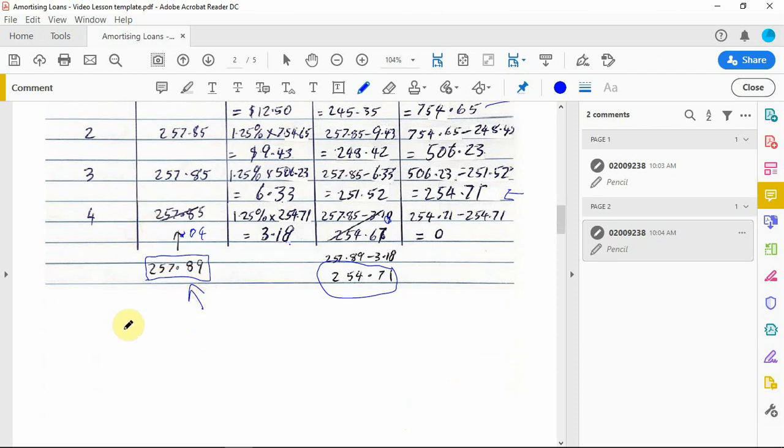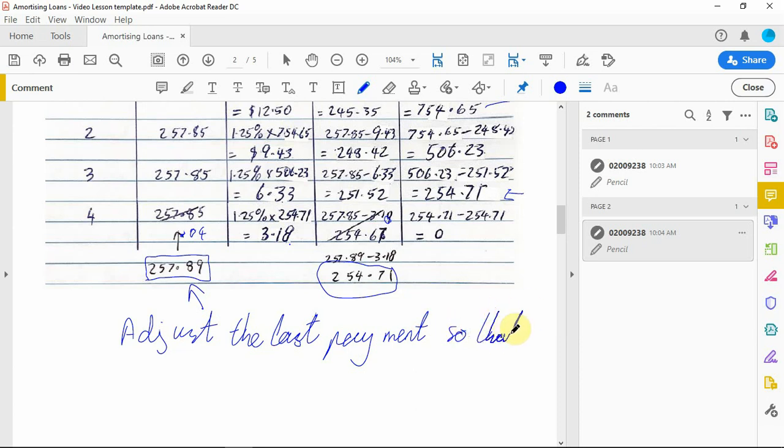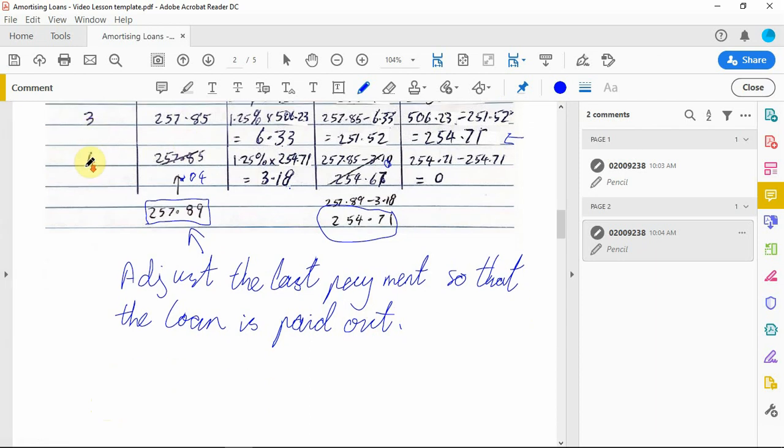So just a little note here. We adjust the last payment so that the loan is paid out. All right. So otherwise, we're going to have a balance of 4 cents.